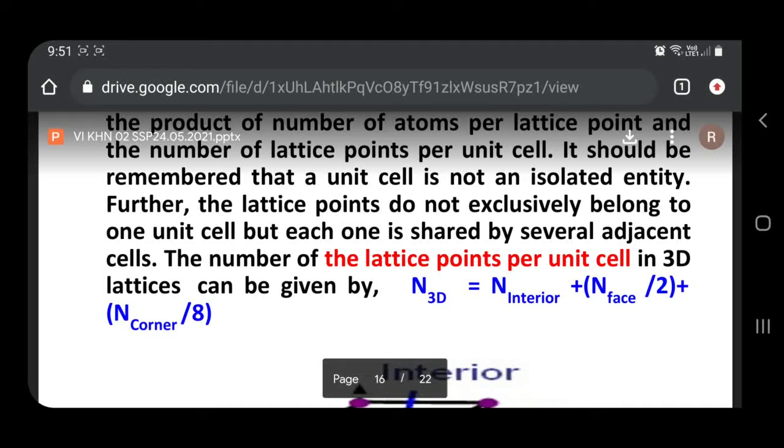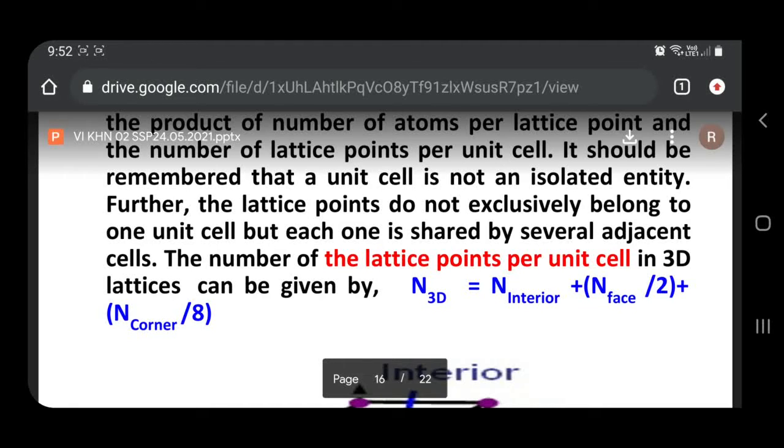Number of atoms or lattice points present in the interior, plus the number of lattice points present at each face divided by 2. Now, the total number of faces: how many are there at each face? If you have presence, that you have to take, plus the number of atoms at a corner divided by 8.